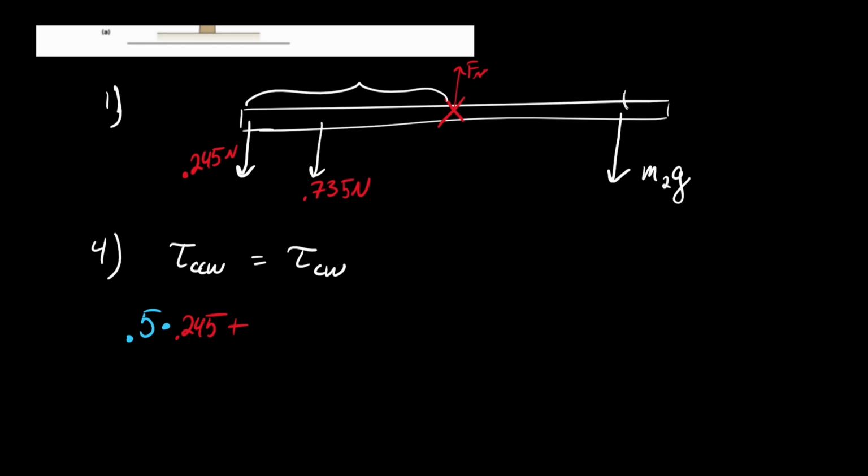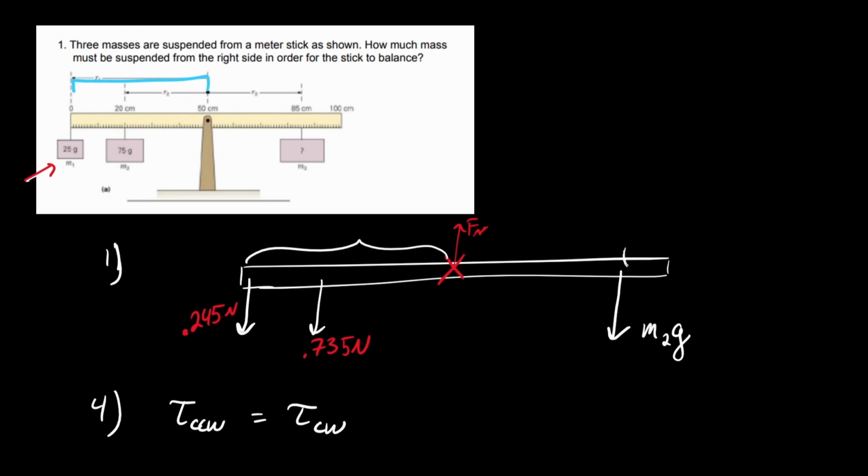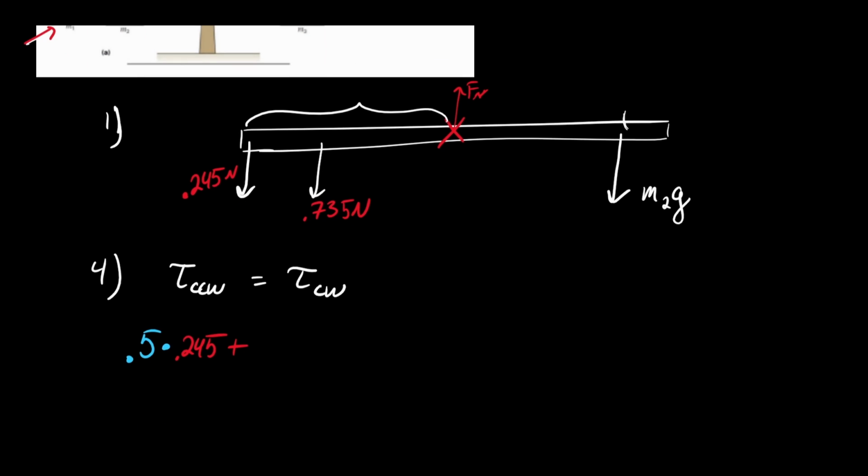How far is it from the x? Again, it's located at 20 centimeters from this side, but we don't care about that. We care about distance from the x, which is going to be from 50 to 20, which is 30 centimeters, or 0.3 meters, times its force. Okay? Those are all the clockwise torques.